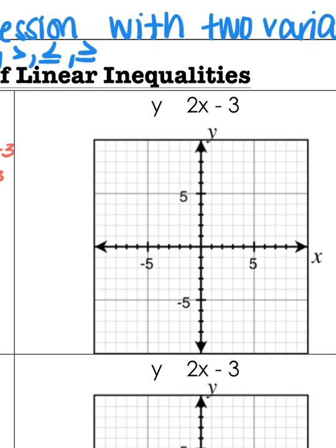All right, for the next one, let's look at y greater than 2x minus 3. So again, following those same steps, graph points. So I start at -3, up 2 over 1.